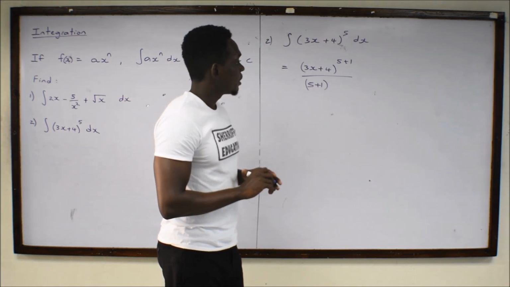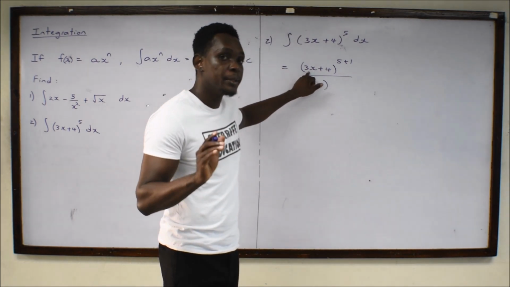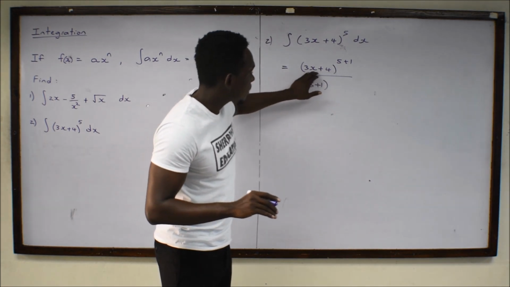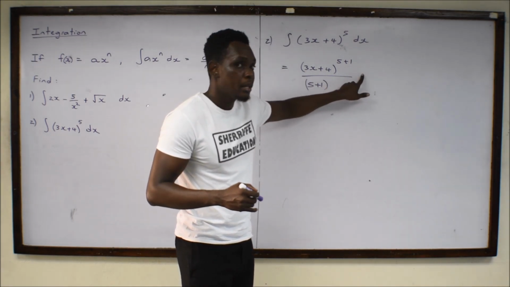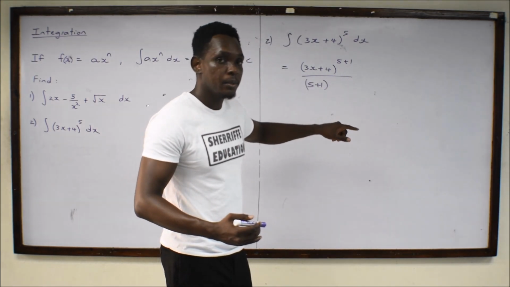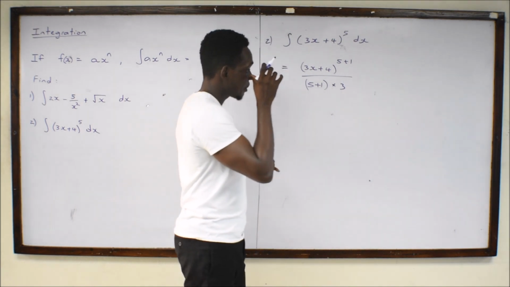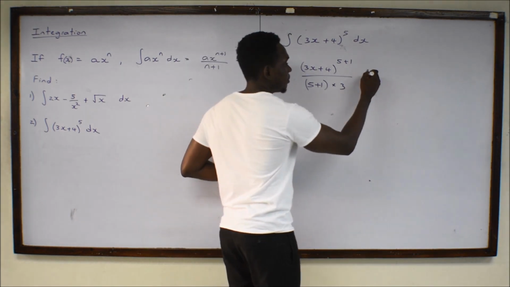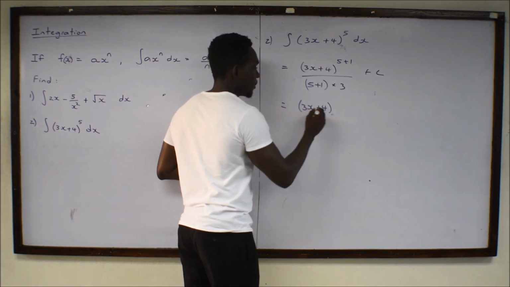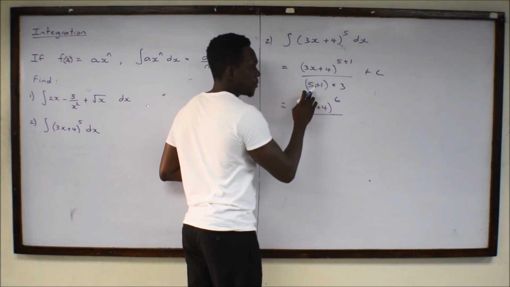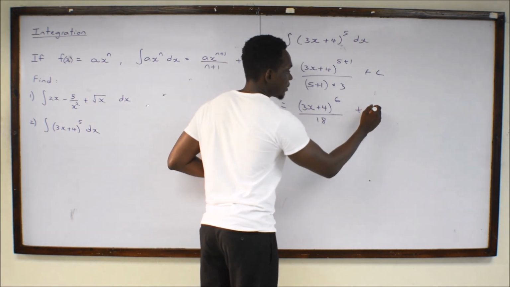Once again, if differentiating, we would apply the chain rule, differentiate in here, and get 3, and then multiply by 3. But because we're doing the opposite, we divide by 3, plus c. So this gives us 3x plus 4 to the 6th power divided by 5 plus 1, 6, 6 times 3 is 18, plus c.